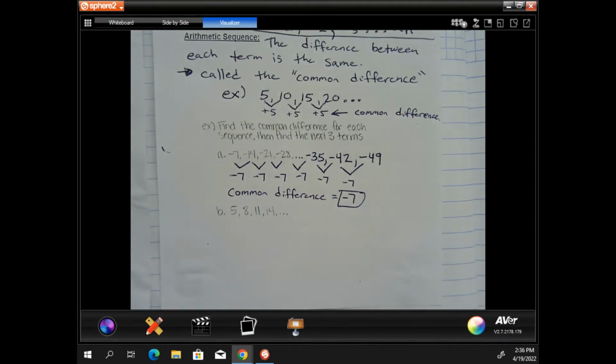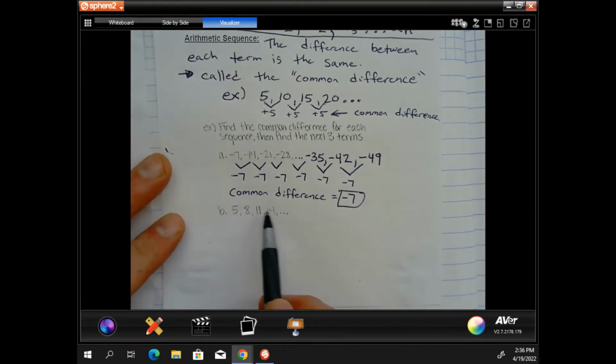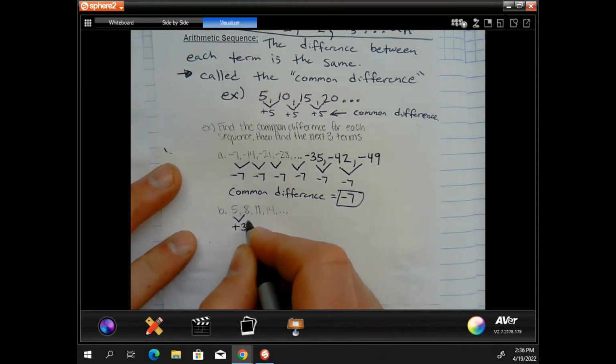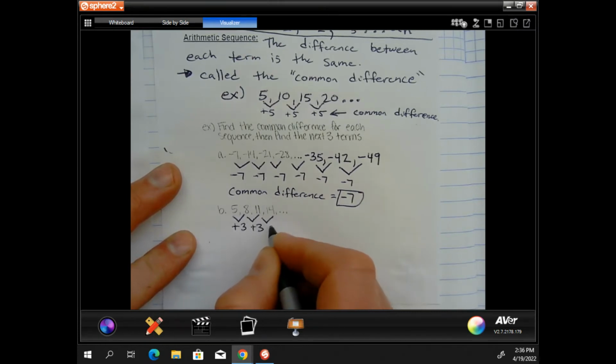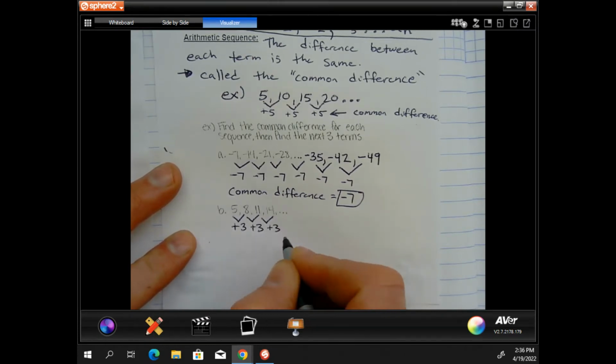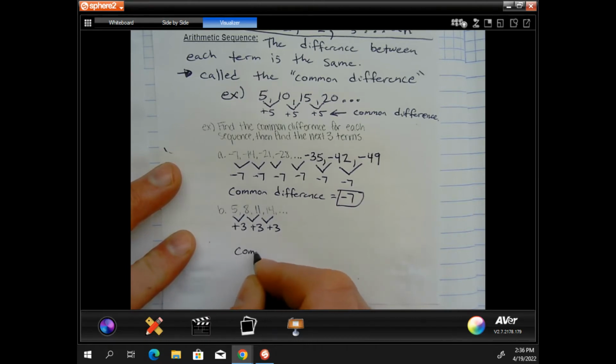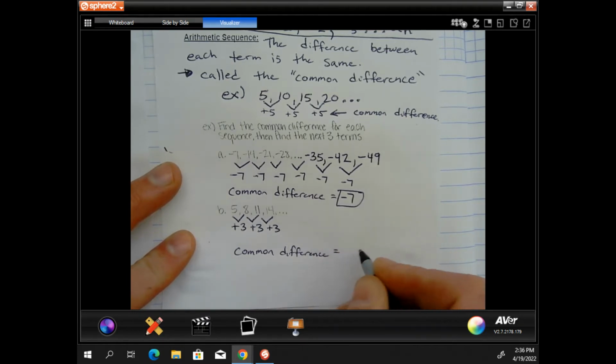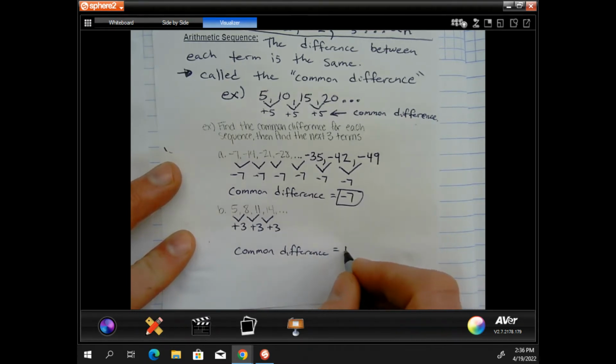In example B, we can see our numbers are increasing, and we can see that it's increasing by 3. So it's +3 from 5 to 8. From 8 to 11, it's +3. From 11 to 14, it's +3. So there's our common difference, equal to +3.